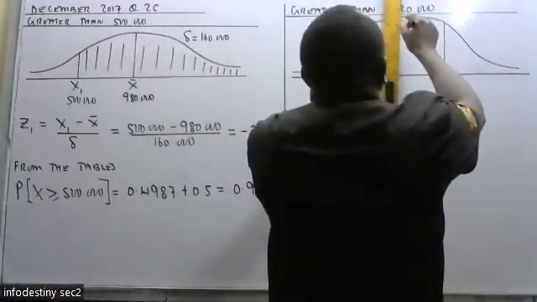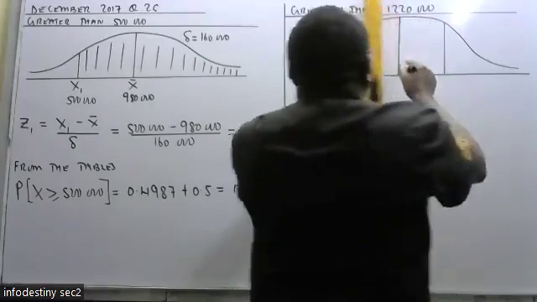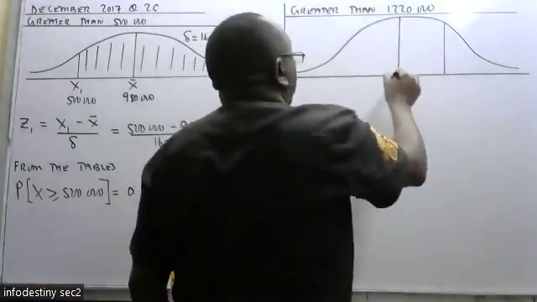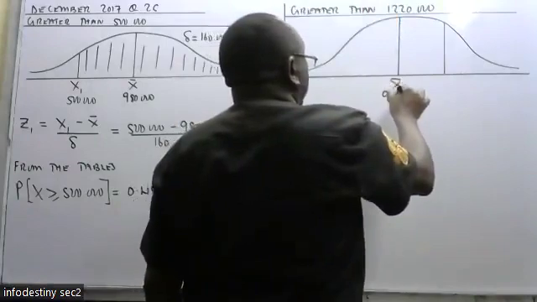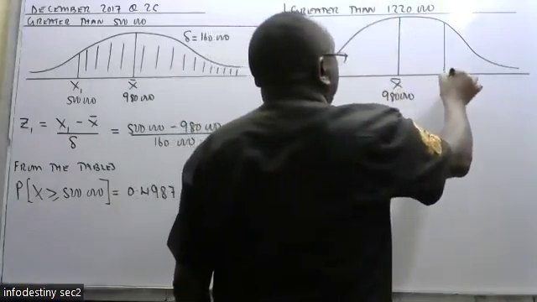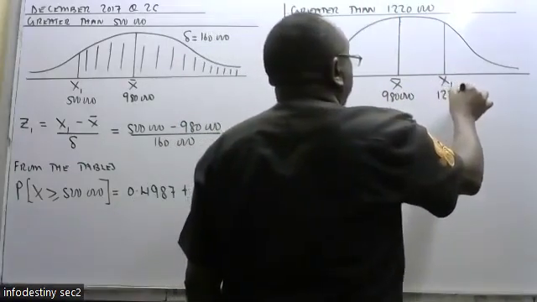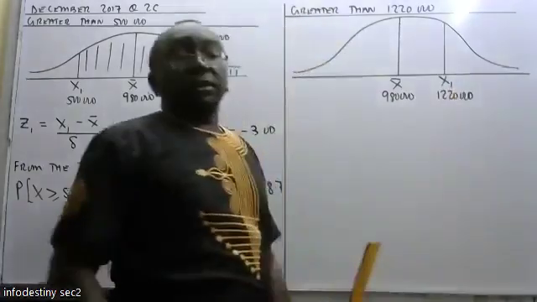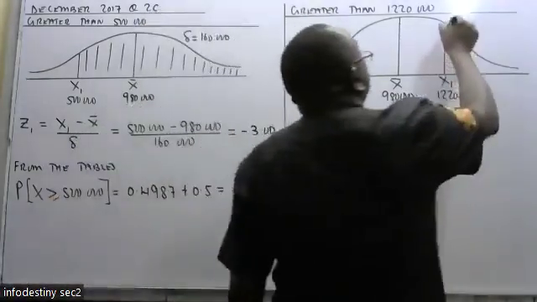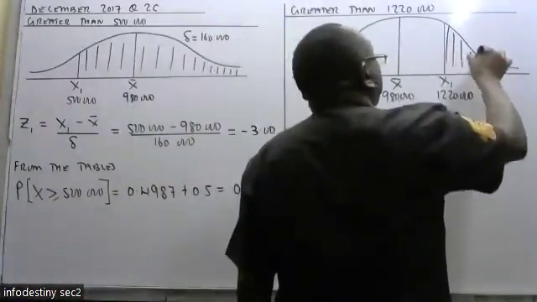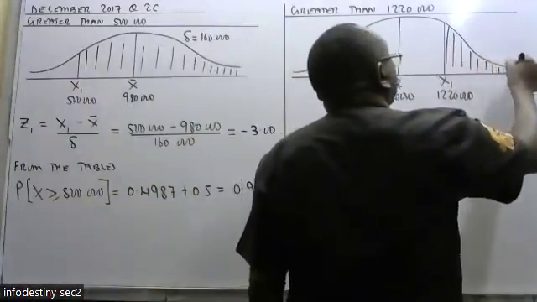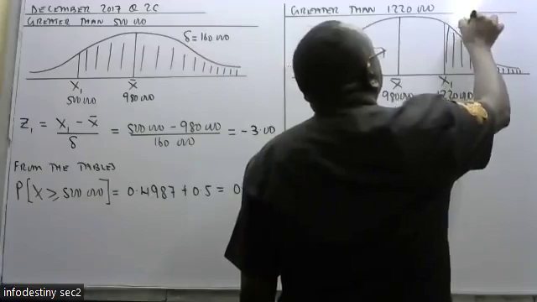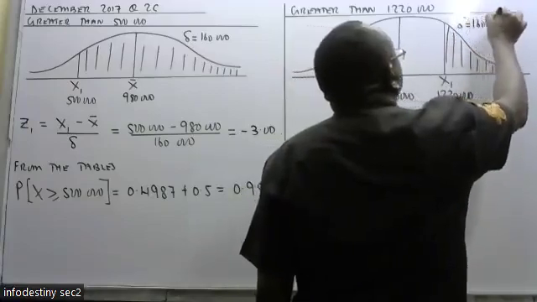We have the mean here, X bar is 980,000. X1 is 1,220. So it's greater than this one. And the standard deviation is 160,000.